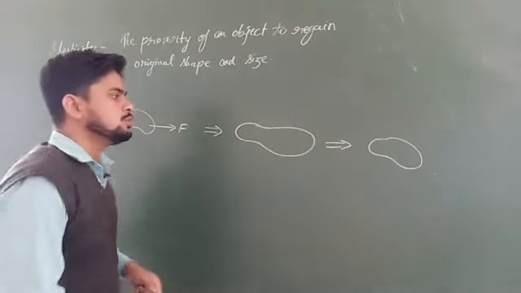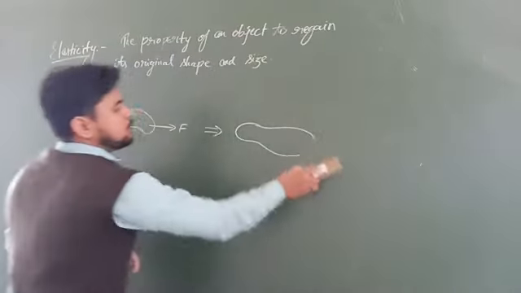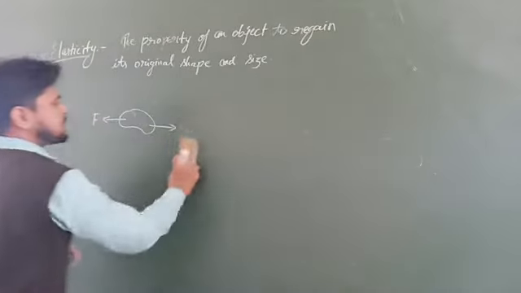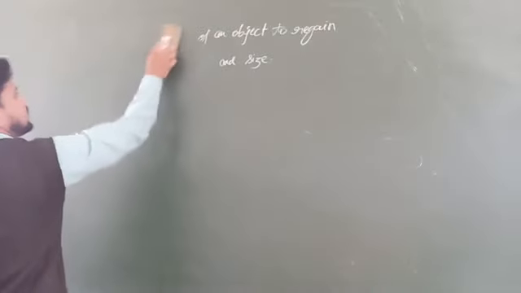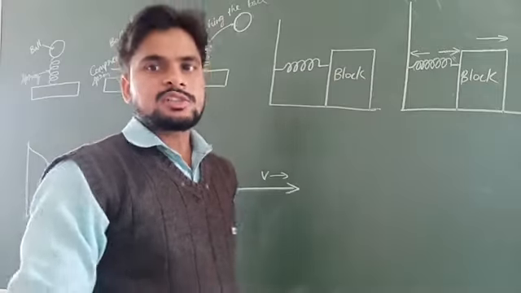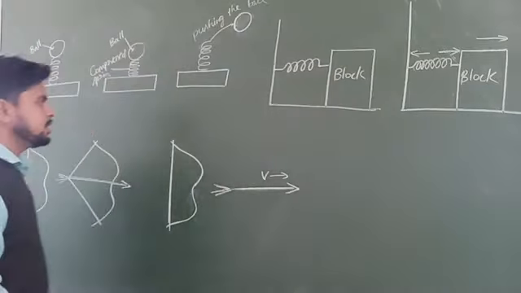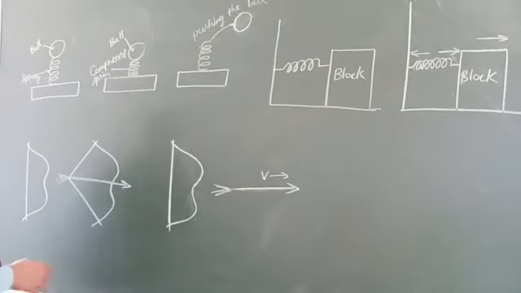Now we will come to the two types of potential energy: gravitational potential energy and elastic potential energy. Now let us consider these three examples in order to understand the elastic potential energy. Here in the first example, you can see that we have a spring and a ball.